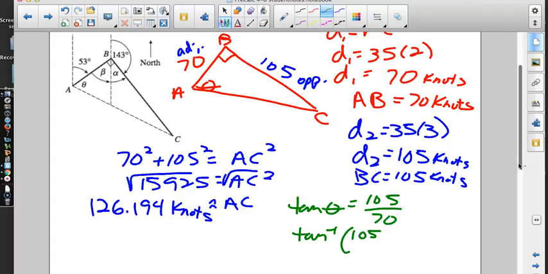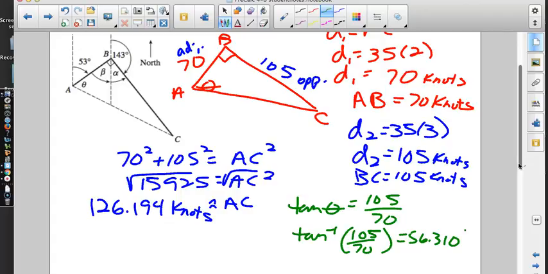Oh, not a bad plan. Yeah, it doesn't hurt to double check. Make sure they add up to 90.